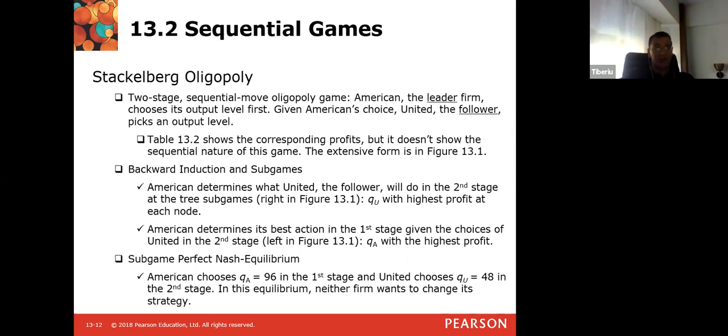Stackelberg oligopoly is a two-stage sequential move oligopoly game. American, the leader firm, chooses its output first. Given American's choice, United, the follower, picks an output level.